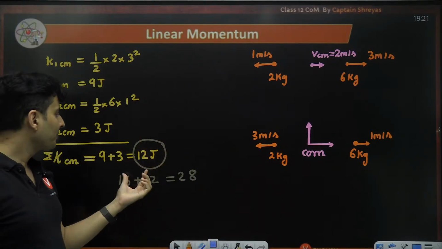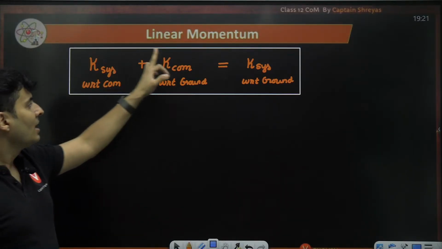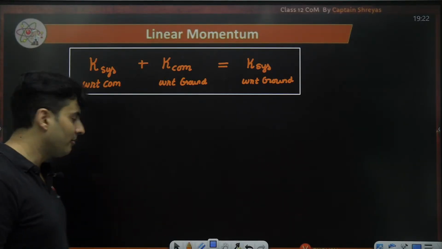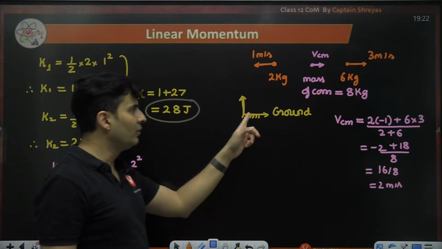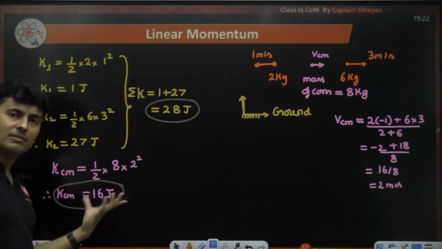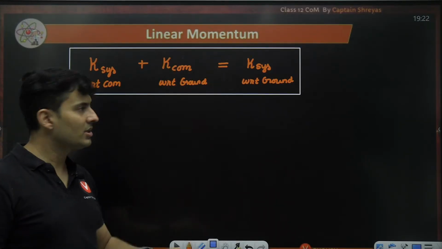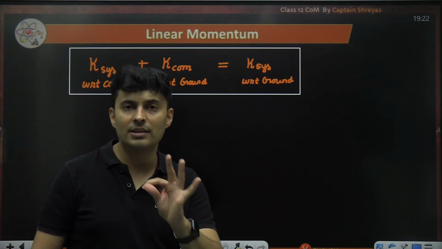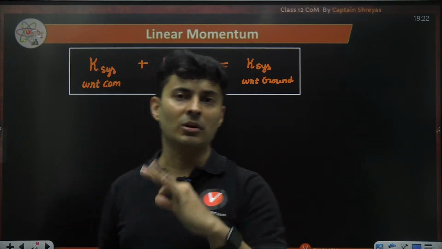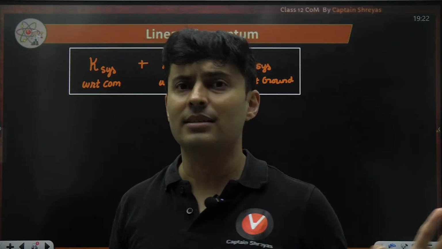It came out to be 12 joules. That is this one. The kinetic energy of the center of mass means if I go to the ground frame, look at the center of mass and then calculate its energy, that is what that represents. That sum comes out to be this. This is a very important theorem and is valid for 1D, 2D, 2, 3 particles, 100 particles, etc.